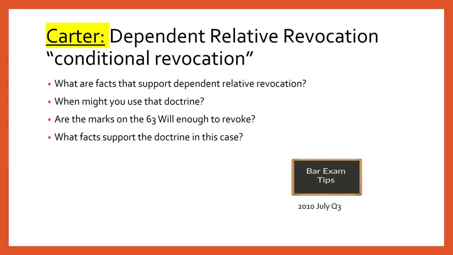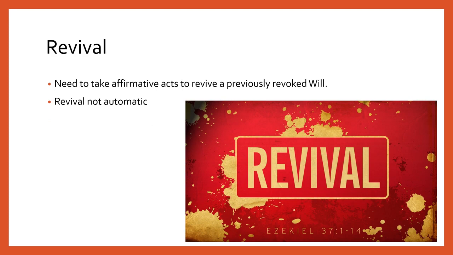There is partial physical act revocation, but I cannot change the bequest to Sam from 10,000 to 20,000 to 5,000, okay? And so the question becomes, would the testator prefer to just go back to the original provision unmarked as opposed to leaving the beneficiary nothing? And that's the concept of dependent relative revocation, and we will take a look at the Carter case on that.